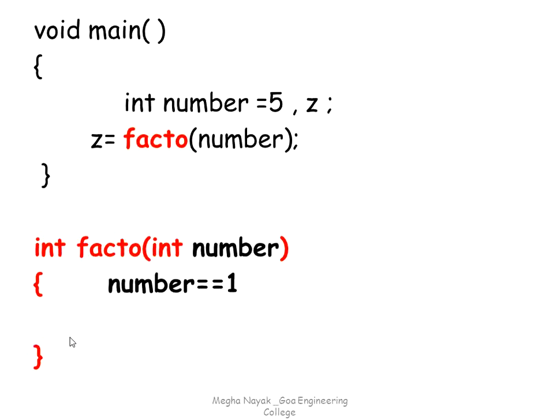I cannot say 1 equal to number, that is a wrong line of code. So you will have to say number equal to 1. This is a condition, so you put it in brackets and then use your if. So if number is equal to 1, that means you're computing factorial of 1.